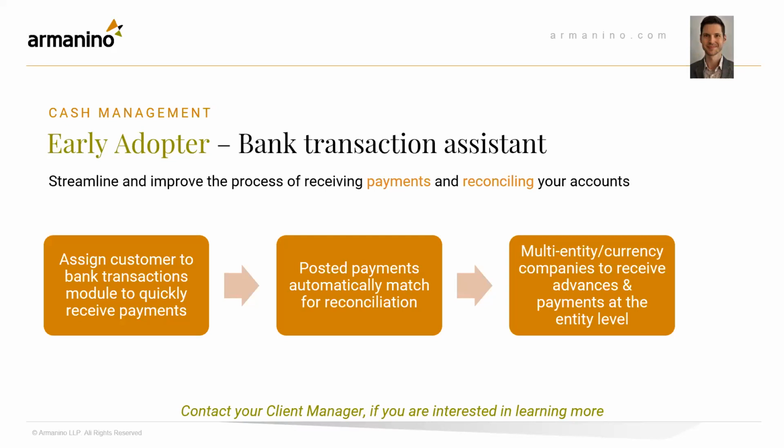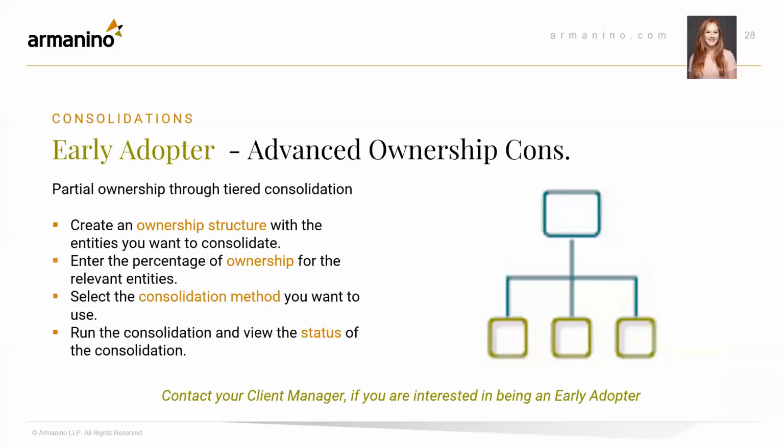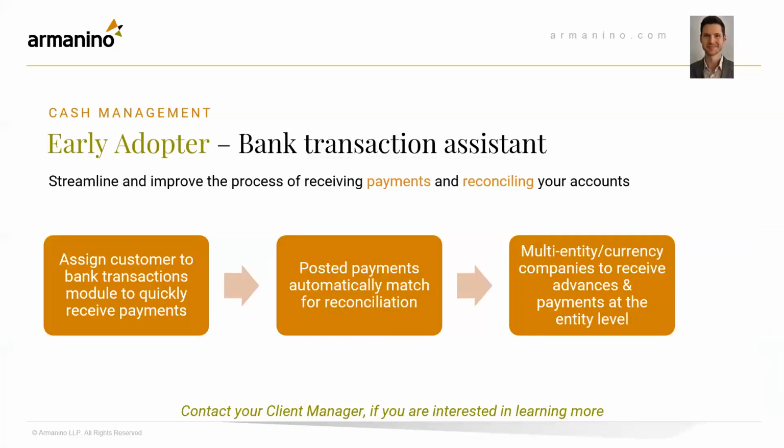What it does is it allows you to assign a customer to a bank transaction in the module to quickly receive on your invoices. It takes posted payments and automatically matches them for reconciliation. And multi-entity currency companies also have the ability to receive advances and payments at the entity level.